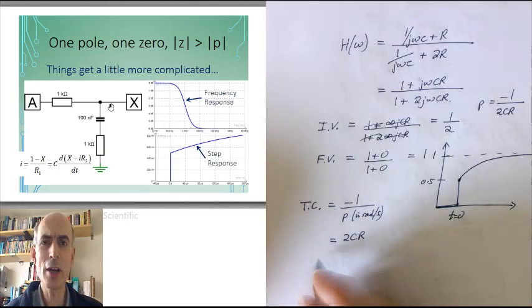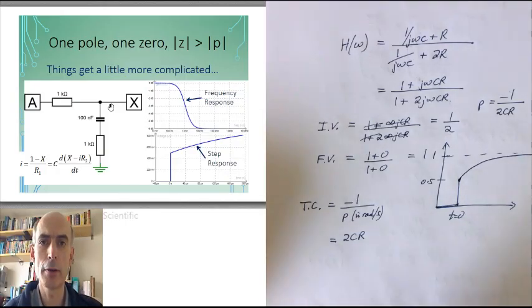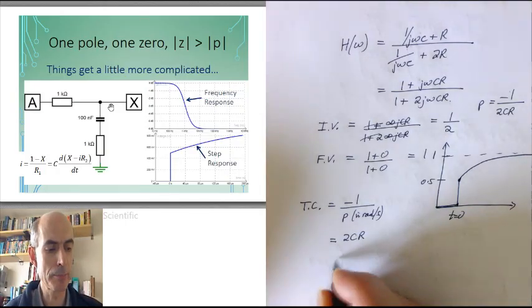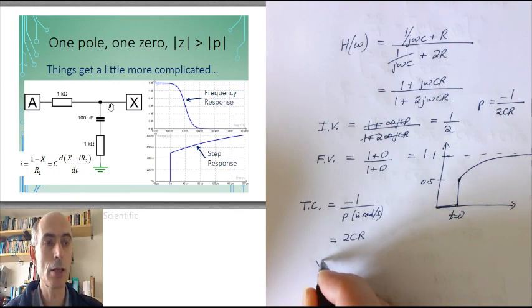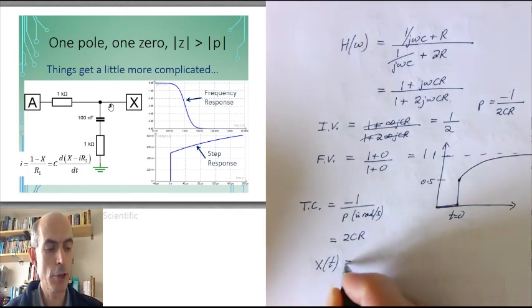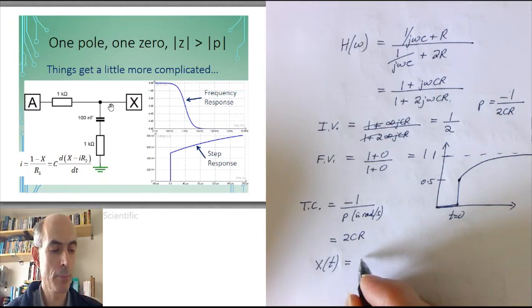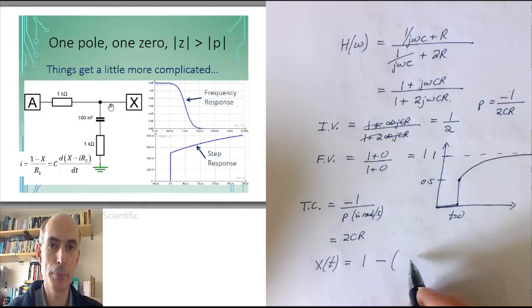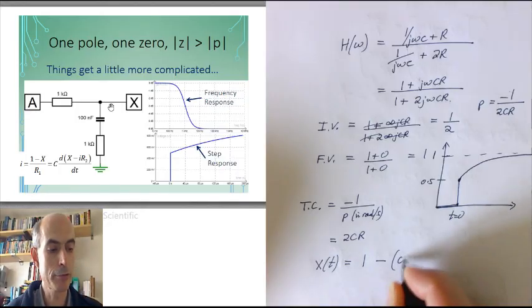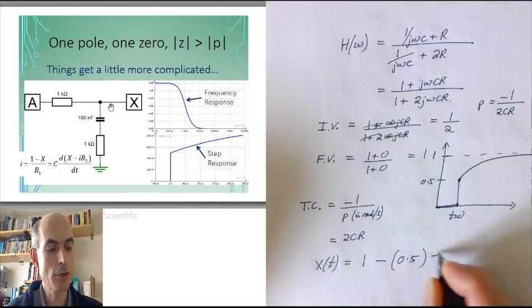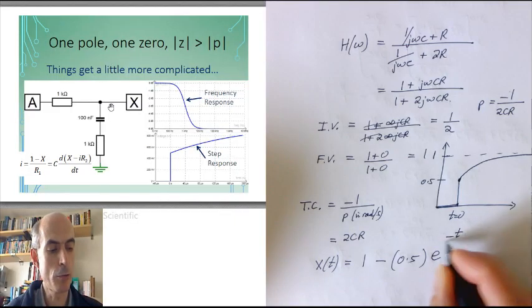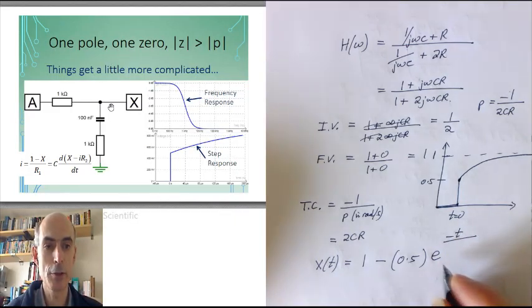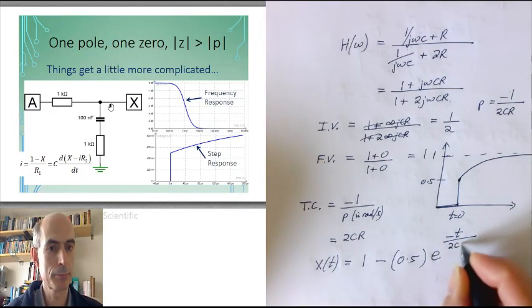So using that general form of the formula that I introduced last time, I could write that the step response is the final value, in this case 1, minus the final value minus the initial value, in this case a half, times e to the power of minus t over the time constant, in this case 2CR.